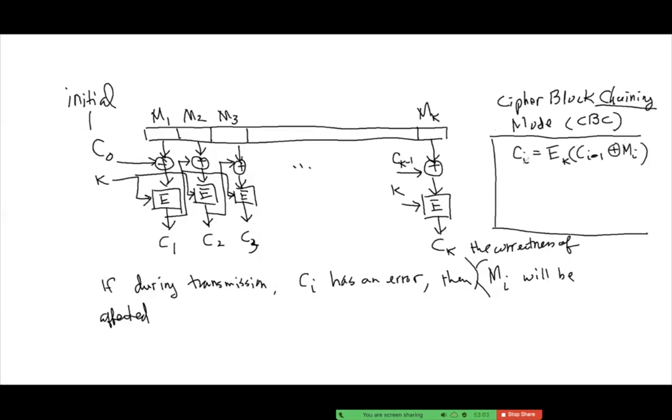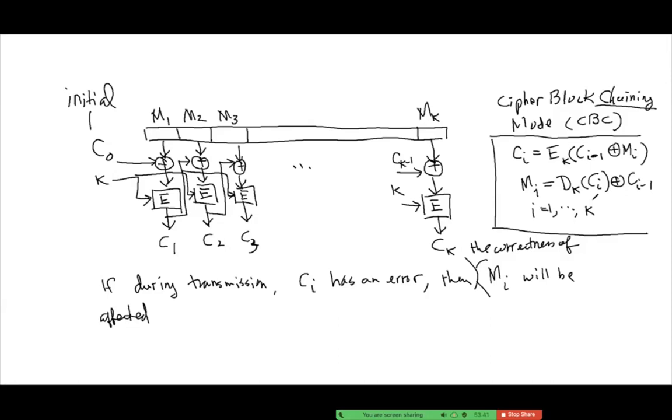And then the decryption will be: decrypt Ci and then XOR C(i-1), which will be Mi. Okay, so this is i from 1 to K.